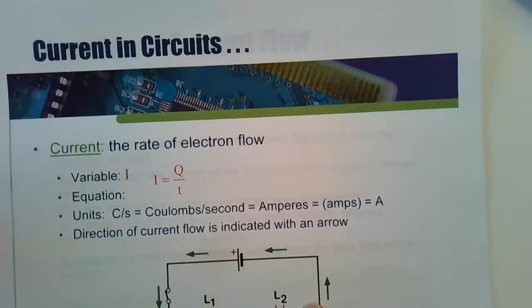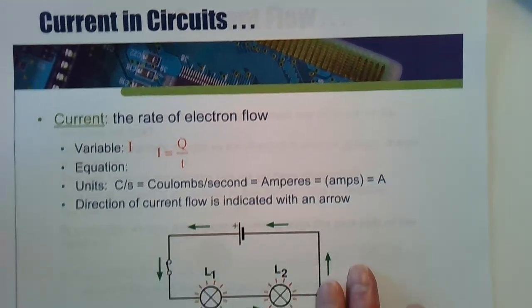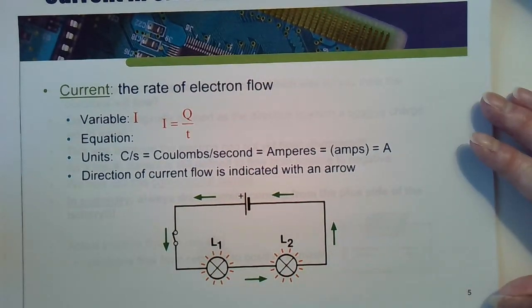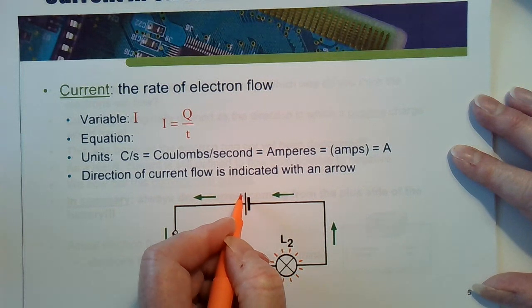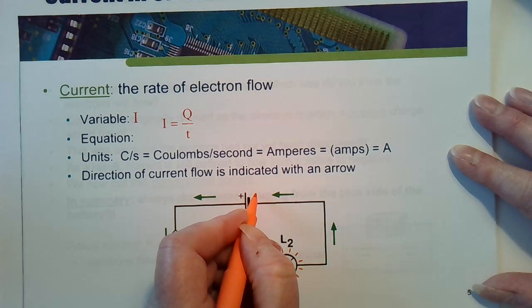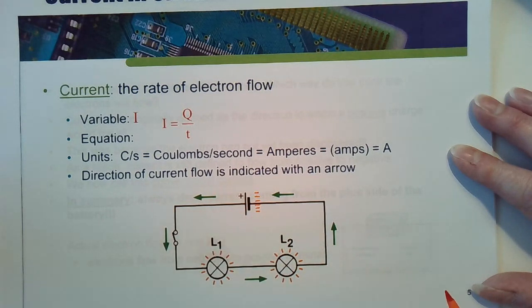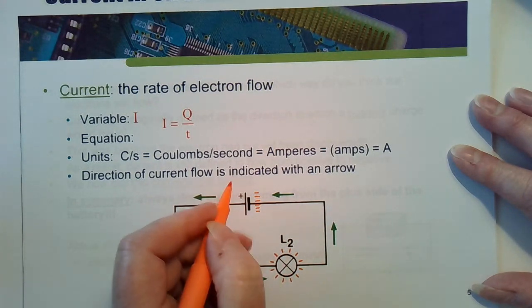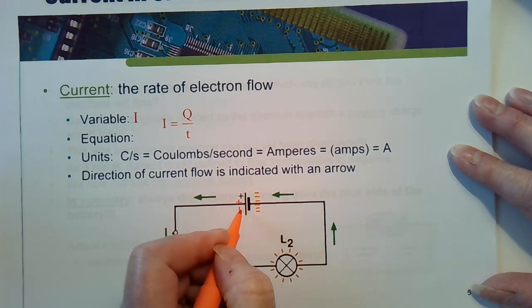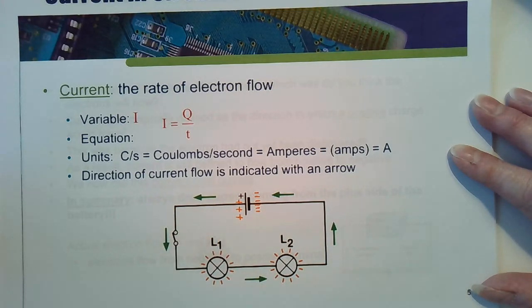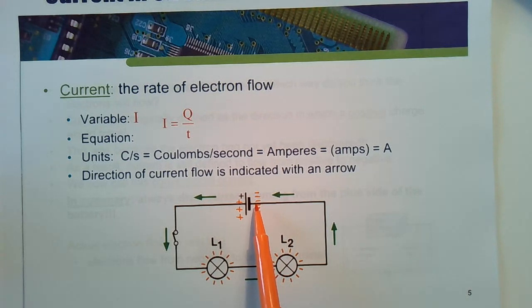Okay, the next topic then is current. If I go to my battery here, if this is the positive side of the battery, we know that there's a whole bunch of electrons lining up on the negative side of the battery, leaving this side of the battery positive. So these electrons are going to want to repel each other.